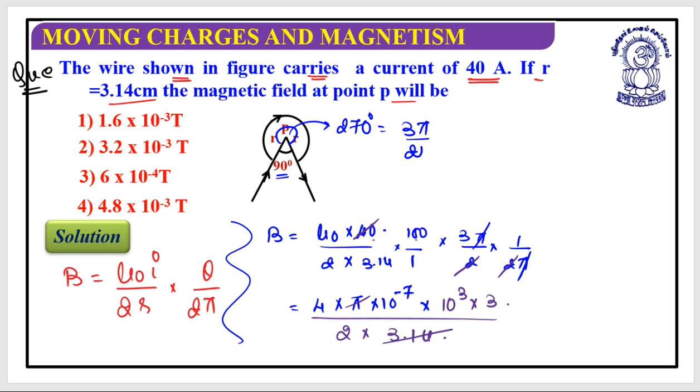This pi is gone, 2 2s are 4, so this equals 2, 3s are 6 into 10 to the power minus 7 into 10 to the power 3, which is 6 into 10 to the power minus 4 Tesla.